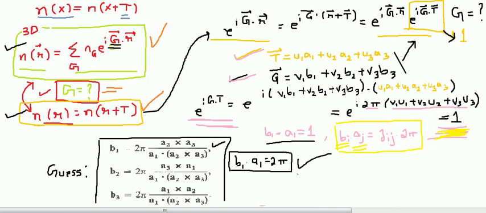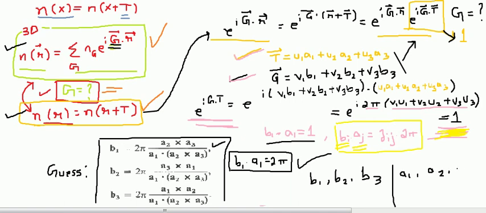Okay, this b1, b2 and b3 are called reciprocal lattice vectors because they span the reciprocal lattice, like the a1, a2, a3 span the real crystal. Remember the first lecture when I used a1 and a2 to span the entire 2D crystal.